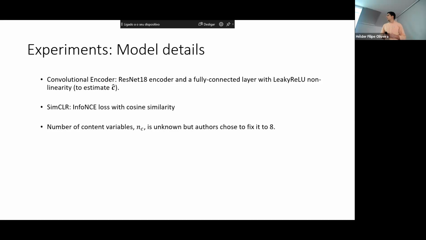And here we consider the SimCLR approach. But as the number of content variables is unknown, the authors chose to fix it to 8. They also demonstrate that the results are robust to the choice of the number of content variables that we select.